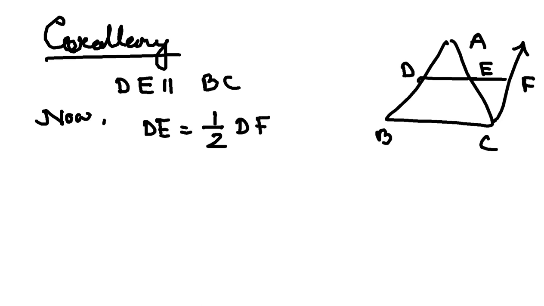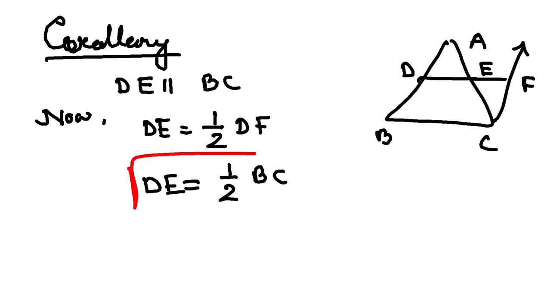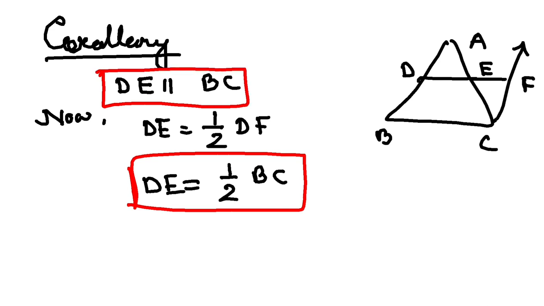CPCT we have done, isn't it? And because it is a parallelogram, DF, opposite sides are equal, so DF is BC. So basically we have DE is half of BC also. Right? Two things are happening. One, DE is parallel to BC and DE is half of BC. Okay. So the first one, DE is parallel to BC, is the midpoint theorem. DE is equal to half of BC is a corollary of the midpoint theorem.